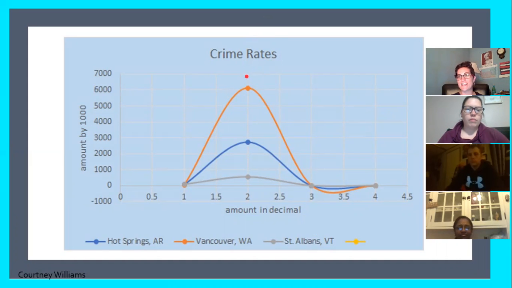Of course you're less likely to be a victim. Does that make sense? Yes. So it may appear that Hot Springs has a higher crime rate, but the overall numbers being compared are not equal. The crime rate formula uses the range to give you those ratios.